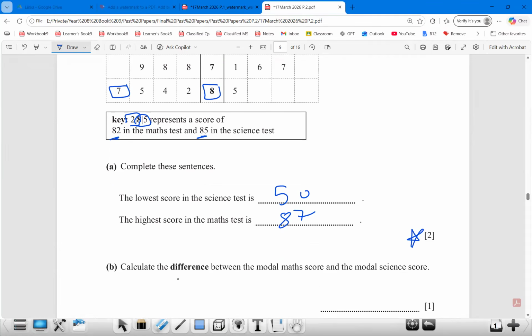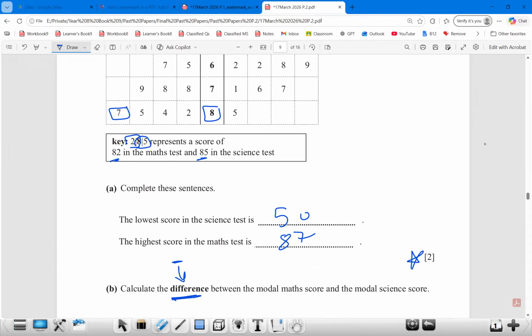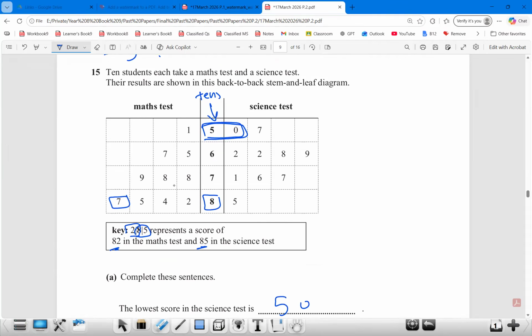Calculate the difference between, look at that, they put it for you in bold, the modal math score and the modal science score. Difference means subtraction. What is the modal math score? Modal means the most repeated. You're going to find that 78 is the mode. 78 got repeated twice.